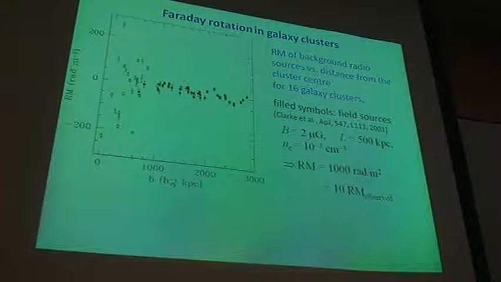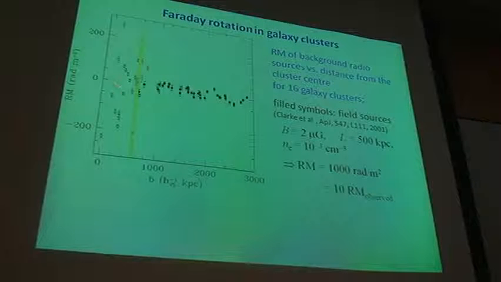And then you plot the resulting Faraday rotation measure, this integral, as a function of projected distance, the impact parameter, to the cluster center. White points show the sources which are projected on the cluster. Black dots show the sources in the control sample, the sources which are not projected on any known cluster.